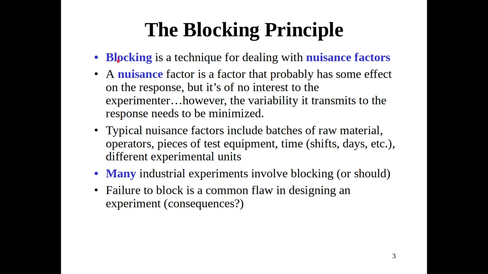So, blocking is basically a technique to deal with nuisance factors. And what is a nuisance factor? What can you classify as nuisance factors? As we have learned before, in any experiment, the experimenter is interested in the impact of certain factors on the output.